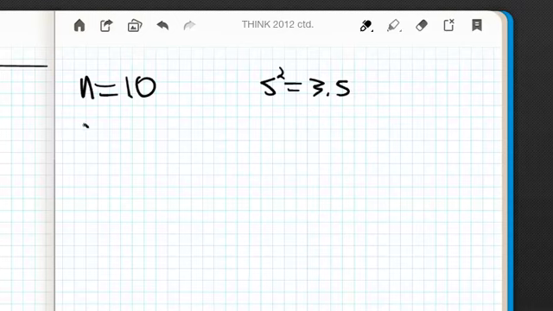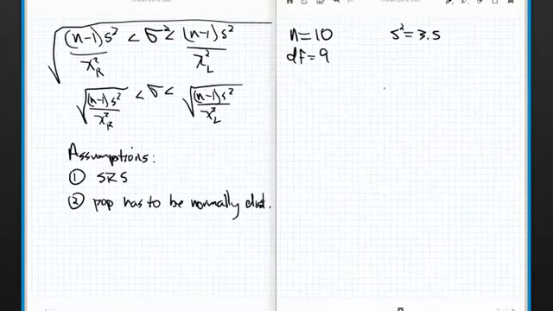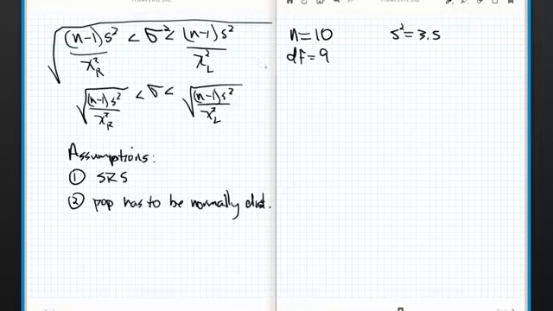I know that if n equals 10, then the degrees of freedom is equal to 9. I need to slow down because I'm starting to say silly things. Now I'm going to build one of these confidence intervals around the variance, and when I'm done with the variance, I'll get to my standard deviation.